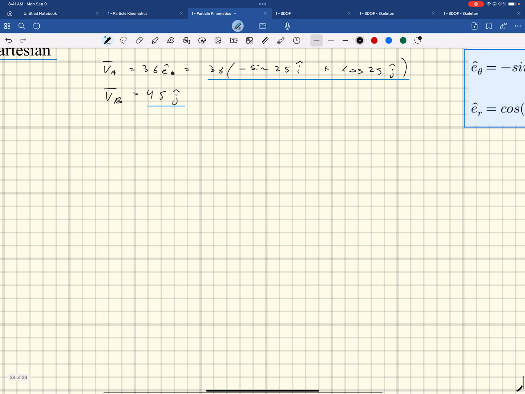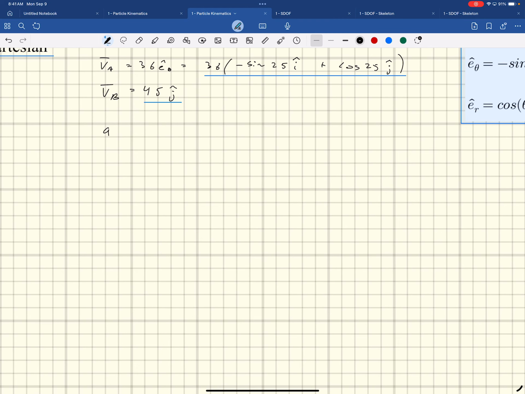Do the same thing with accelerations. Acceleration of A is equal to negative 36 squared over 1250, well, I didn't calculate that out, I was being lazy, e r. And that's going to be negative 36 squared over 1250.